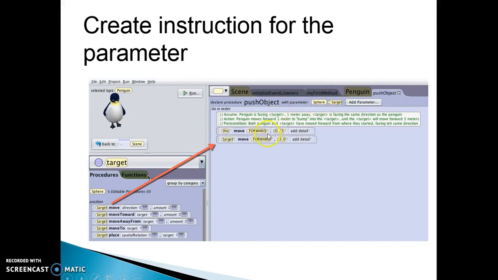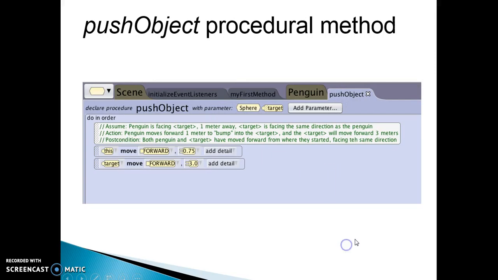It's a sphere type object, and instead of talking about a sphere moving forward, I talked about the target moving forward. So as you accidentally saw, when I went back to my first method, because I put the red sphere in, the red sphere moved. If I put back the bowling ball for target, the bowling ball would move forward. So hopefully my mistake actually helped you understand it a little bit better.